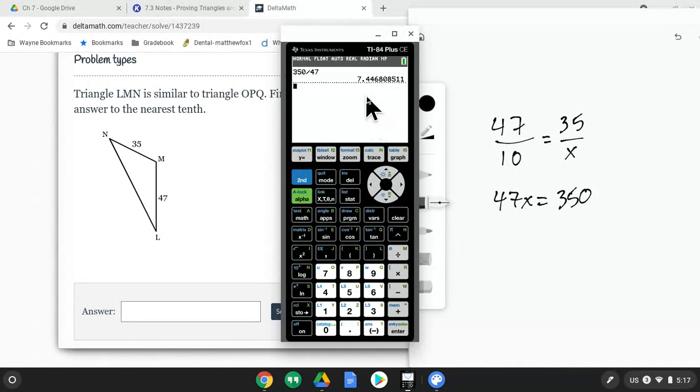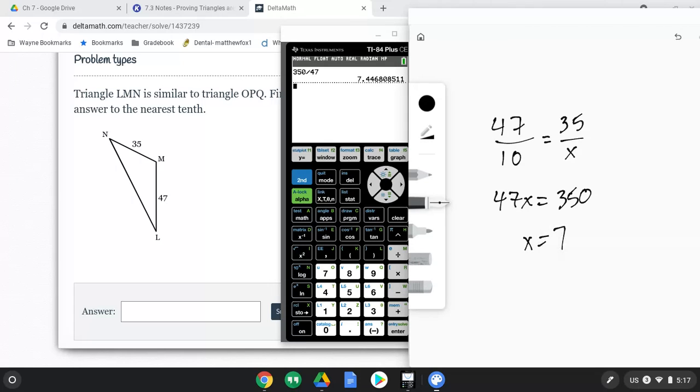We're rounding to the nearest tenth. That's the first decimal place. So 7.44. Go 2 decimal places, but then the second one is less than 5, so we round down. So x will be 7.4. We round down. If this had been 7.48, we would have rounded up to 7.5.